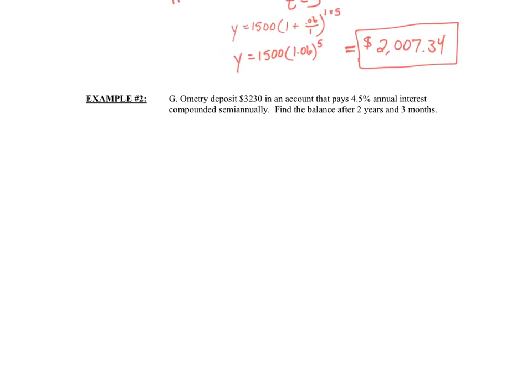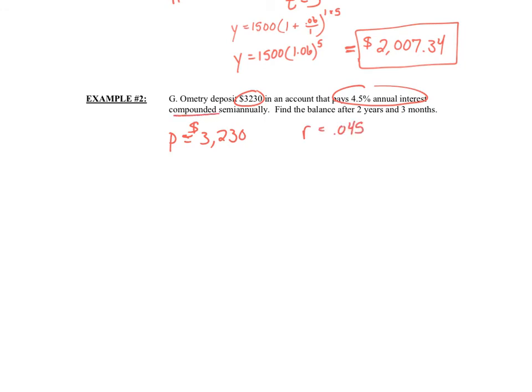Right, and then the last example. If Geometry deposits 3,230, that means P equals 3,230. Okay, and that pays 4.5% interest annually. So that means the rate is 0.045.